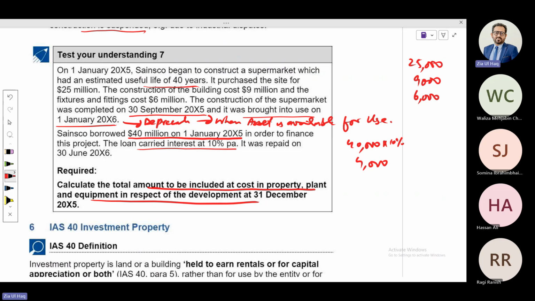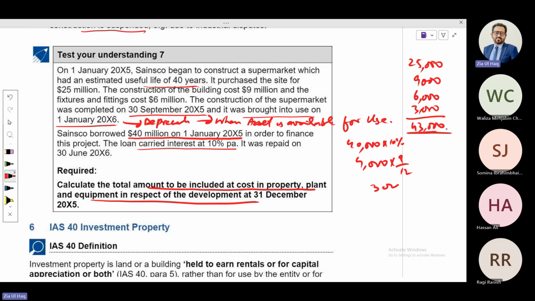From the start construction date till the construction completion date. What is the construction completion date? 30th September. This means from January to September should be capitalized. How many months? 9 by 12 of this 4,000 is 3,000. So this 3,000 should be capitalized, and all together, how much is that? 43.